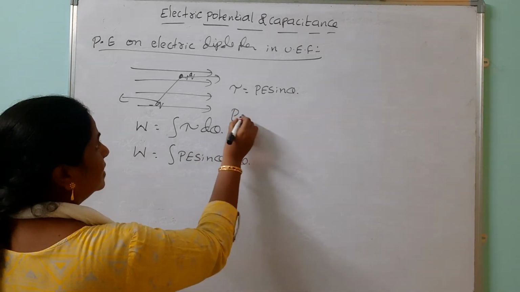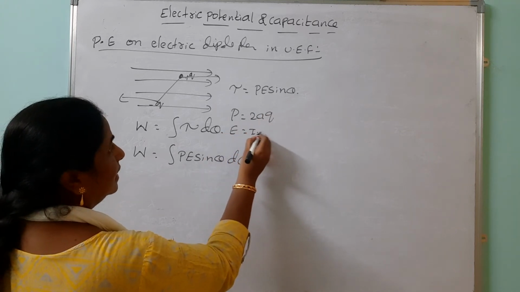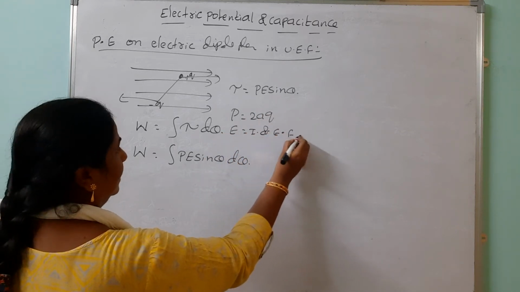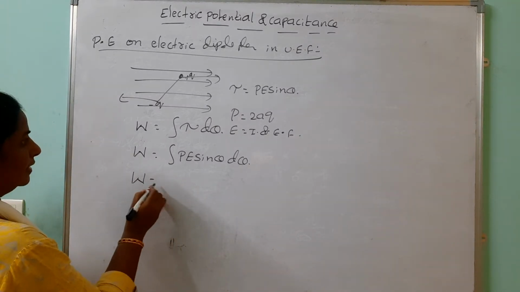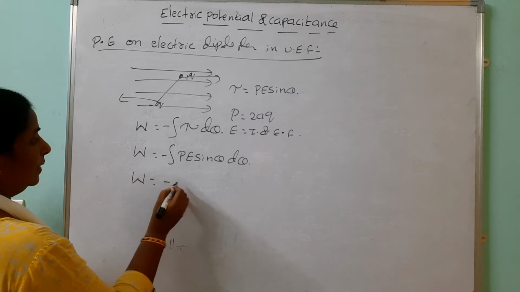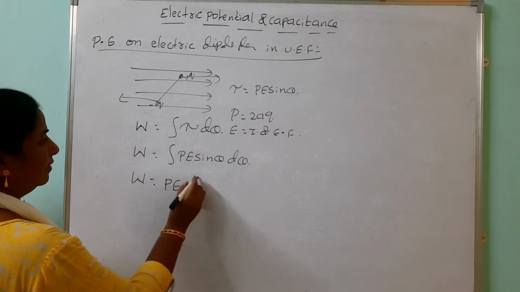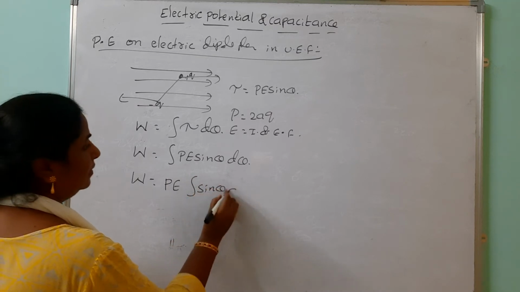Here p is 2a into Q, the dipole moment. E is the intensity of electric field. Then work done equals, see here minus is there. Then, sorry, this one only, no minus, pE times integration of sin theta d theta.